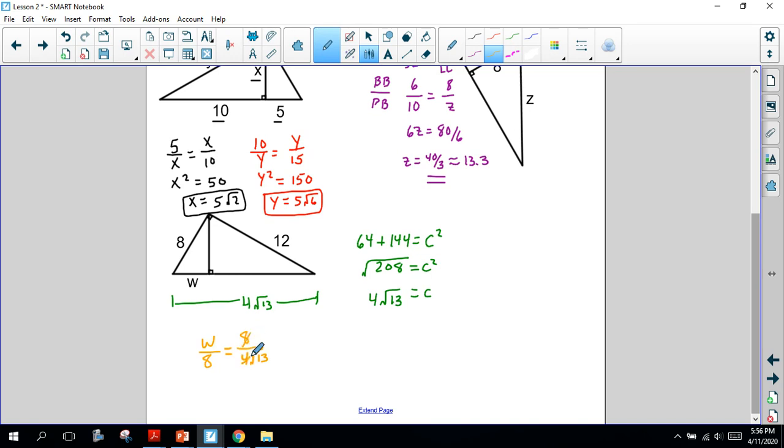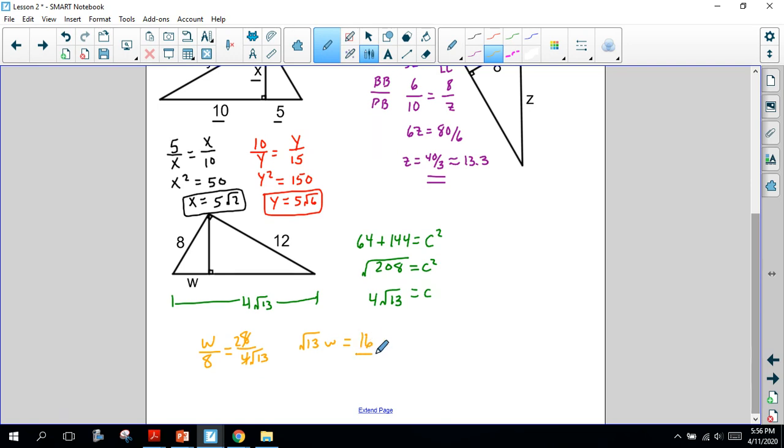Well, 4 and 8 are both outside the radical. Those can reduce to 2 over 1. So as I do my math here, I would take the product of the means and extremes, and we would say that radical 13 times W is equal to 8 times 2, which is 16.